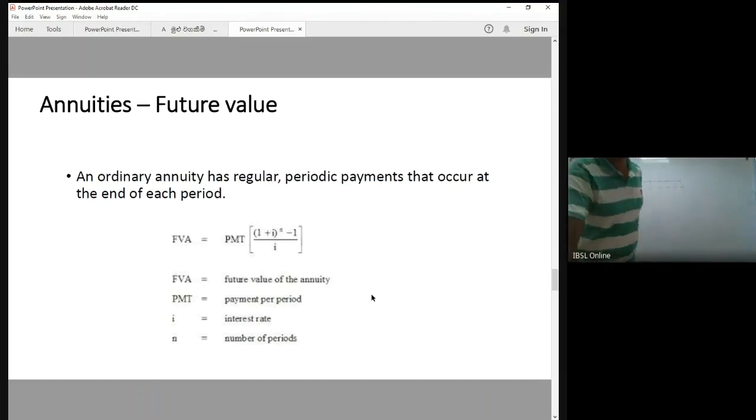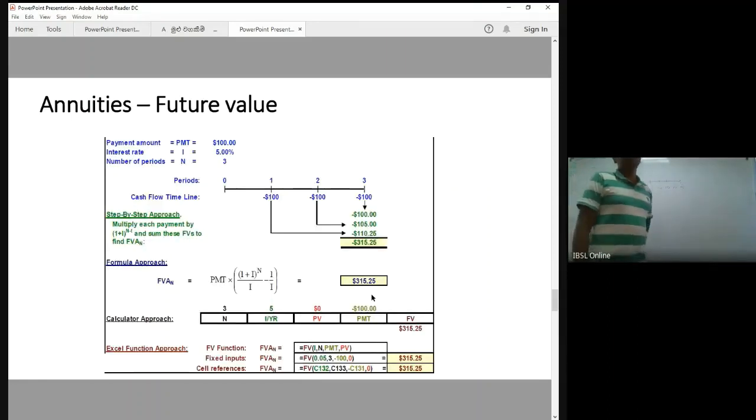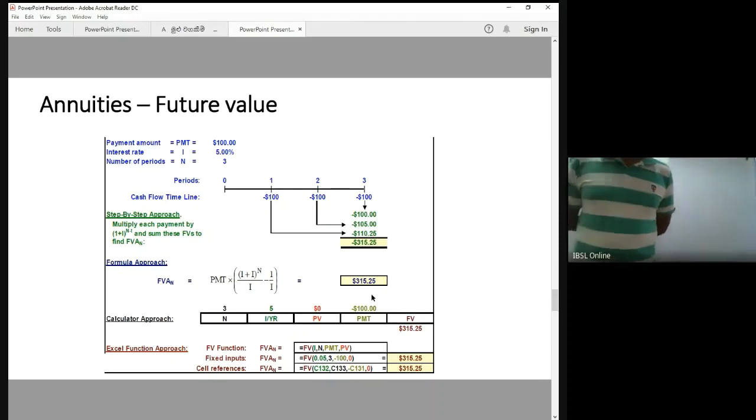Shall we try this example? It is an annual payment of 100 invested at a rate of 5% over a period of 3 years. What is the future value of this annuity?